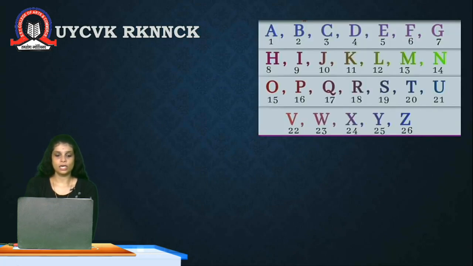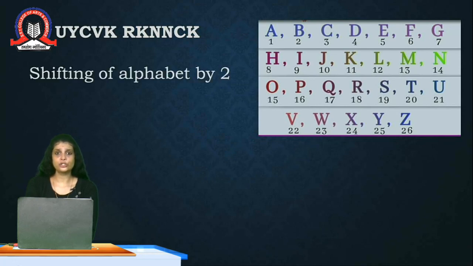So I will tell you what this is. Now just look at the alphabets and its numerical values. A is 1, B is 2, C 3, and it goes on till Z, which is 26. So here I have used the Caesar cipher encryption algorithm. So what it does is my alphabet is shifted by 2 positions behind.